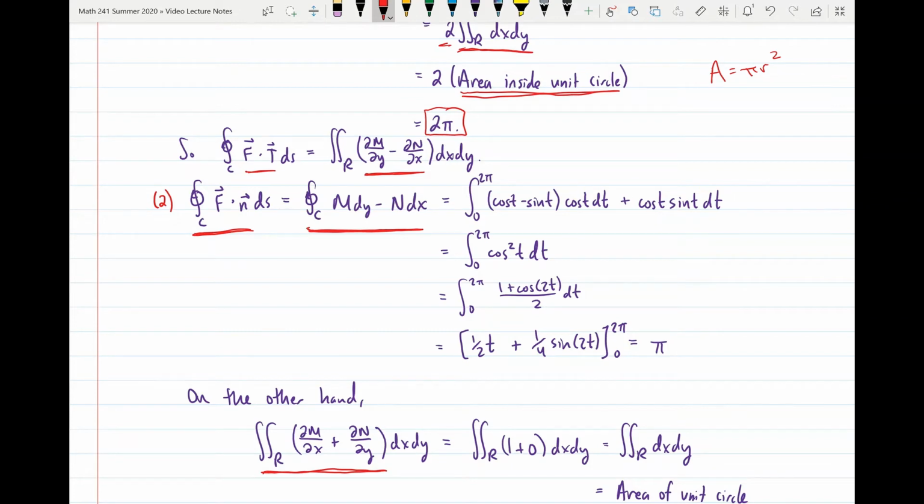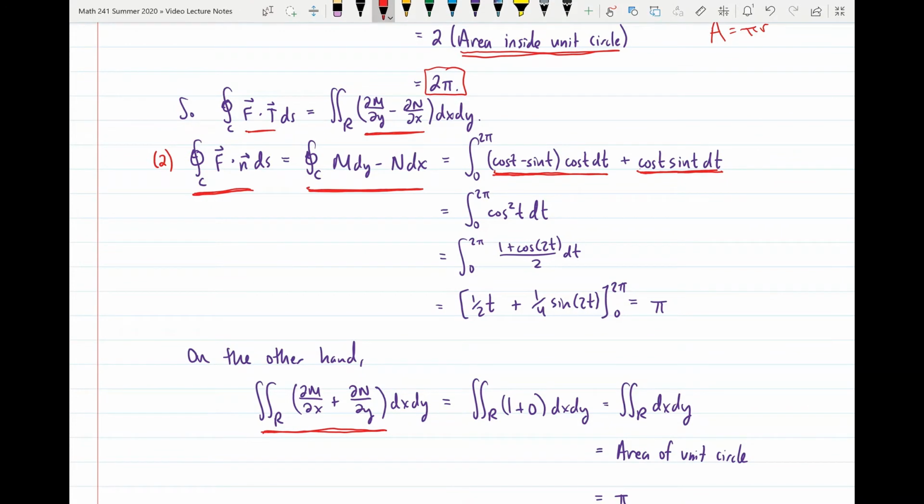So this is M dy, where we're substituting M with respect to t, and then dy, we're writing that in terms of t as well. And then we want to write N dx in terms of t, and we get this cosine t sine t times dt.